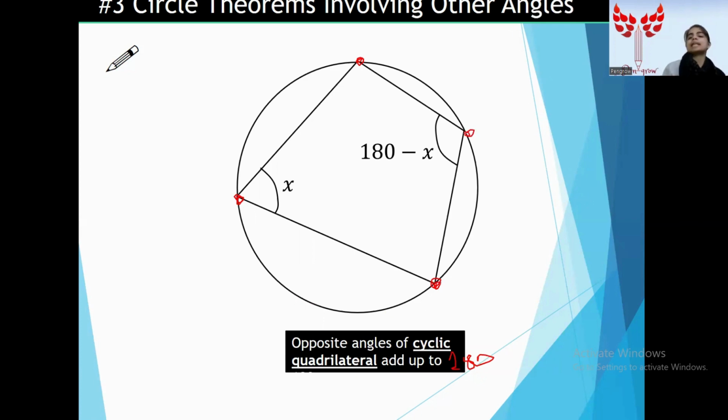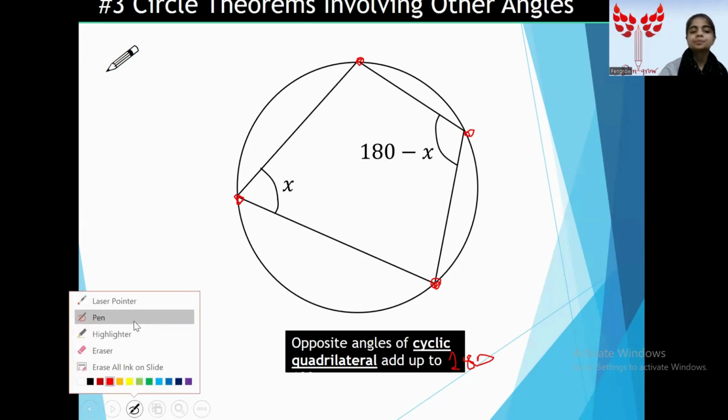Only then it would be a cyclic quadrilateral. And opposite angles of a cyclic quadrilateral, they add up to 180 degrees. So if one of the angle is x, the other one would be 180 minus x. A normal quadrilateral only has the property, what property? That all the angles add up to 360 degrees. But in a cyclic quadrilateral, the opposite angles add up to 180, right?